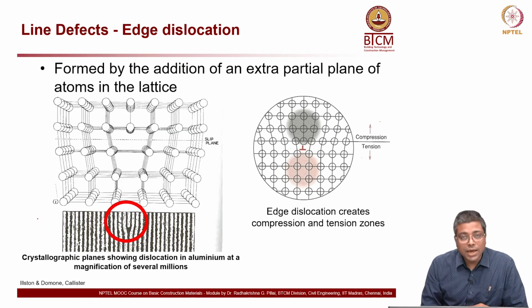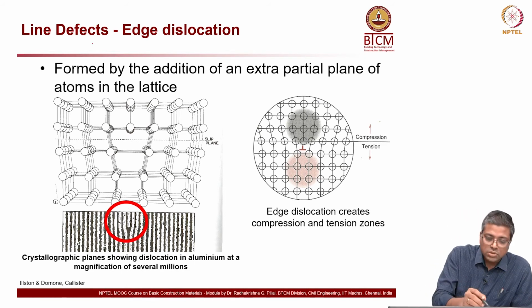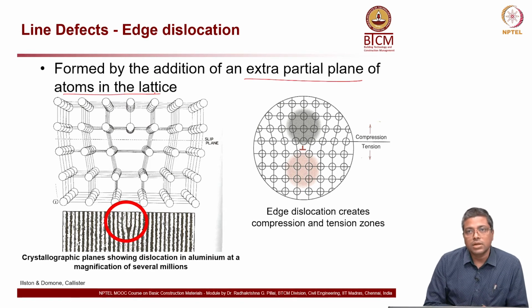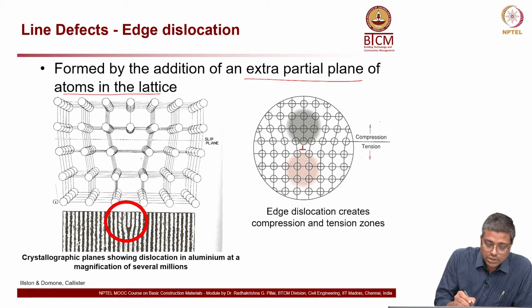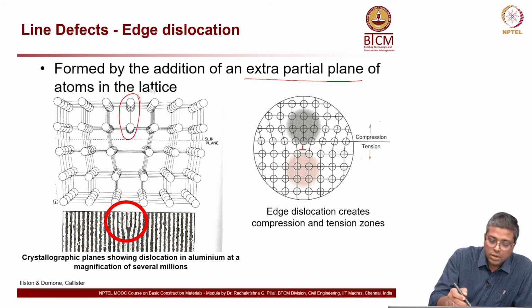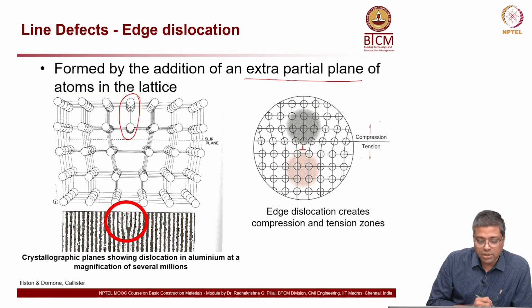Now, in the case of line defects, we will talk first about edge dislocation, and then the screw dislocation. An edge dislocation is formed by the addition of an extra partial plane of atoms in the lattice. You can see the extra partial plane here.